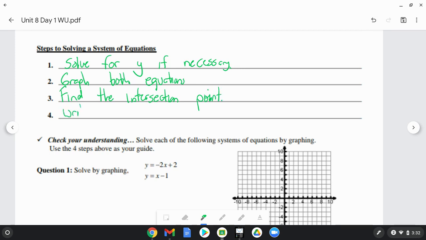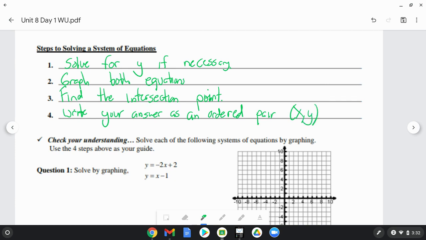And then step 4 is to write your answer as an ordered pair. And that's always x comma y, right?